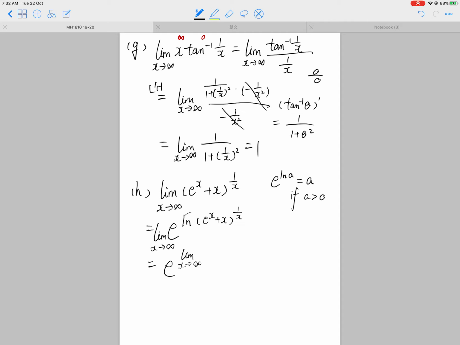This part, ln a to the power of b, is b ln a. So it's 1 over x times ln of e to the power of x plus x.